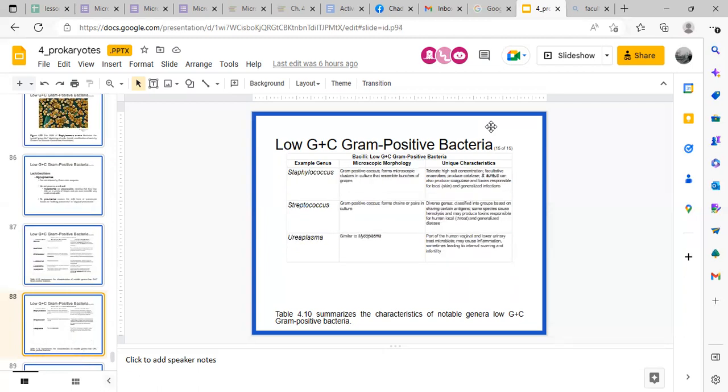Staphylococcus can also produce coagulase and toxins responsible for skin and generalized infection. It can tolerate high salt concentration, so it's halophilic.